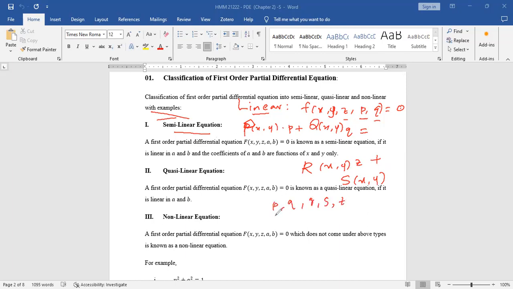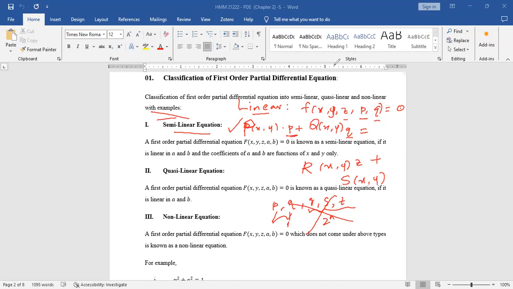That is a different case: p and q are del z by del x and del z by del y, which are first order, and r, s, t are second order. I'm not talking about those here. I'm just taking p and q only, but I'm going to take capital P and Q. This is the notation the books are using, which is why I'm following it. I'll show you on the whiteboard, so it will be easy for you.